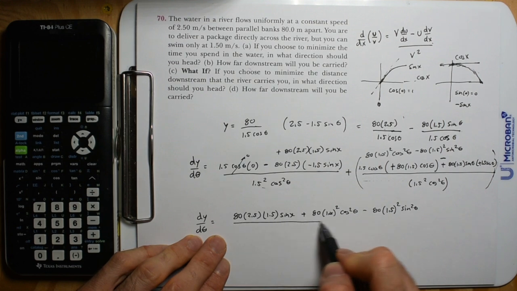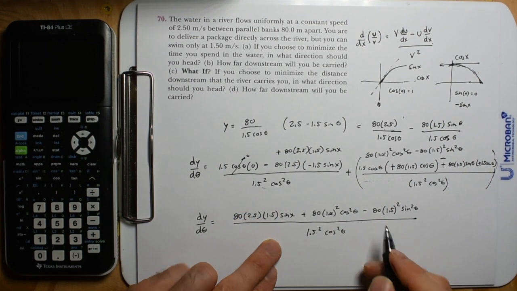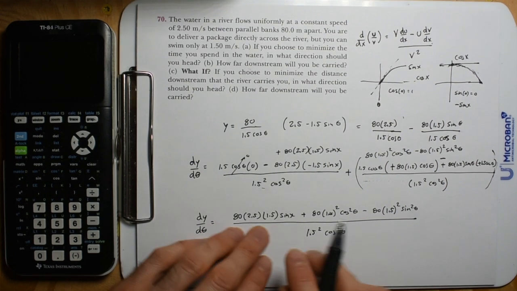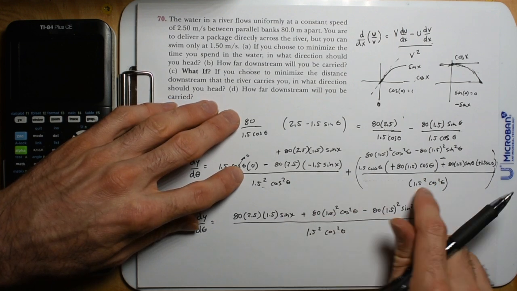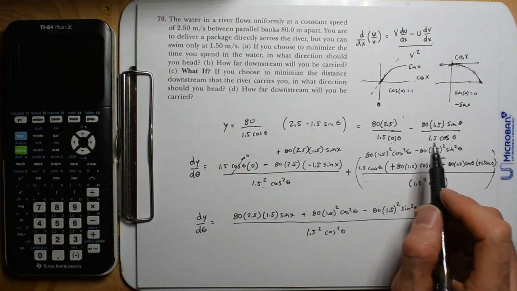Okay, and then divide by 1.5 squared cosine squared theta. Now there's not a 1.5 squared over here. Should I double check this? It's because we had a sine and cosine. Over here we just had the cosine component.